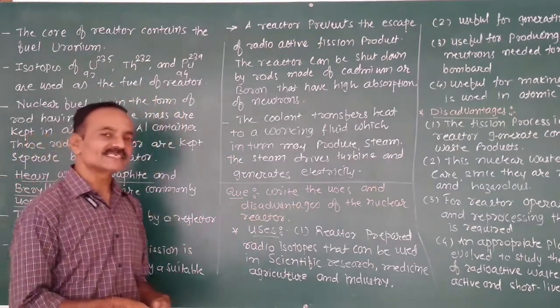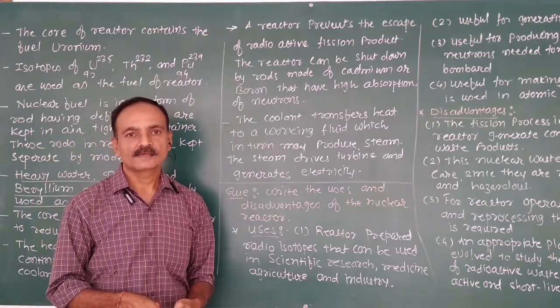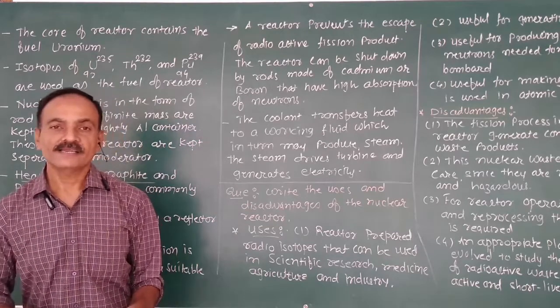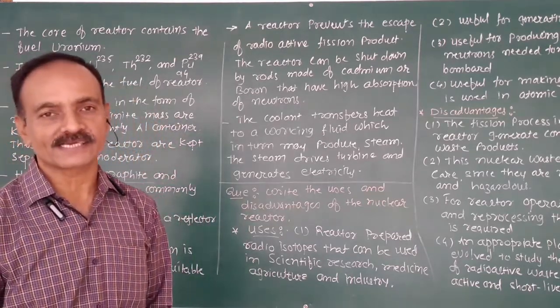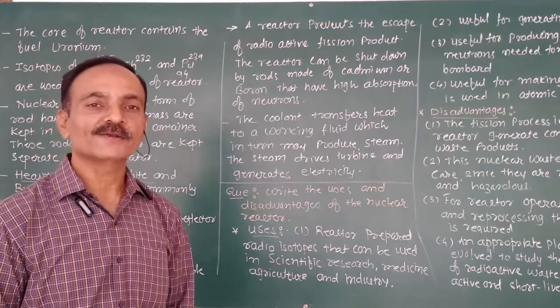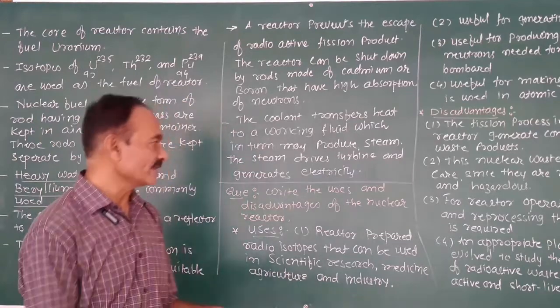Now, what are the uses and disadvantages of a nuclear reactor? We know that the dangerous fission process takes place inside the nuclear reactor, and we use it only to produce electricity. Now the uses of the nuclear reactor.